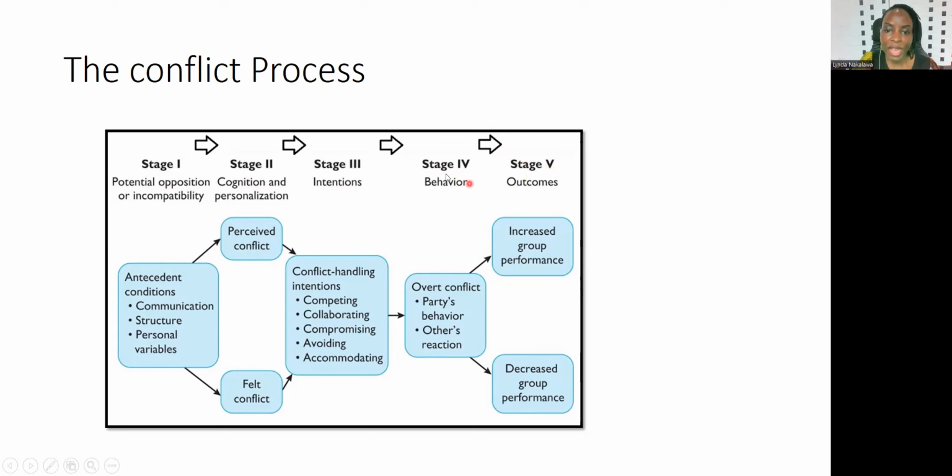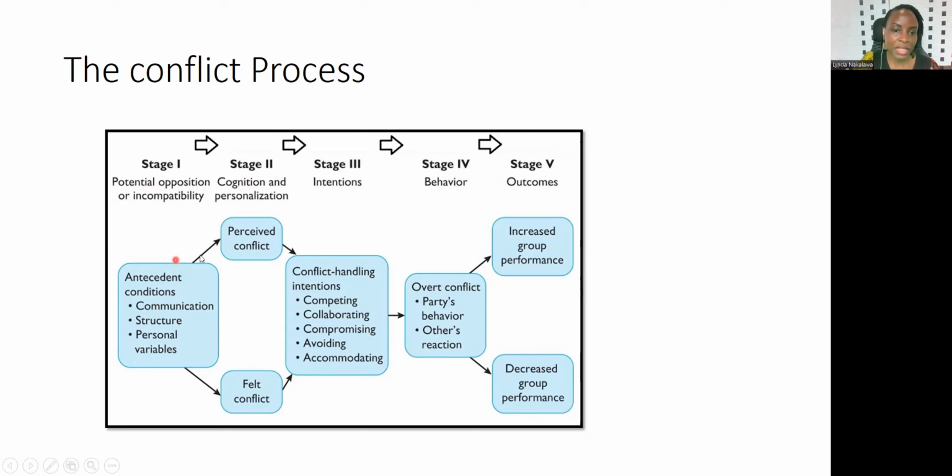With whatever behavior has gone on in stage 4, the conflict process goes on to show what are the outcomes, what are the things that come out of all that conflict behavior. So that the 5 stages: stage 1, 2, 3, 4, and 5. From the potential for conflict before conflict happens, all the way through the conflict happening and what have you, and the final outcomes.